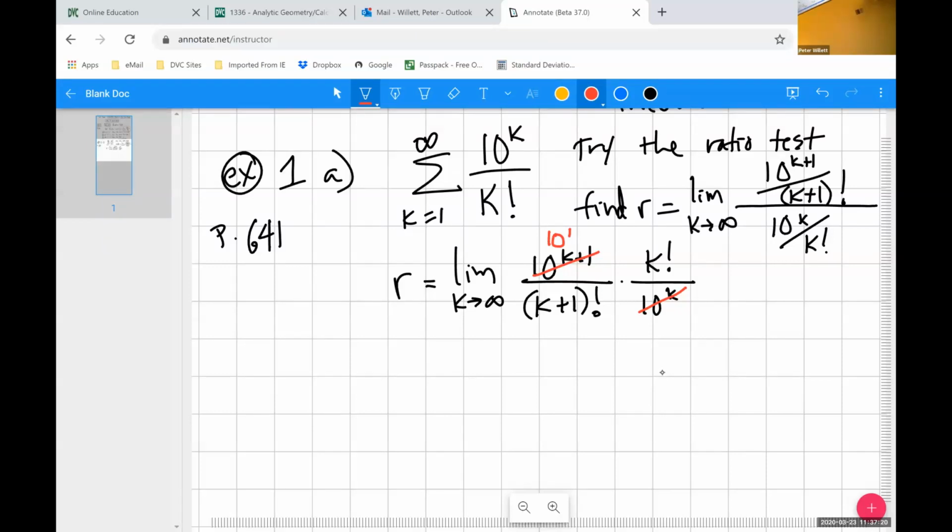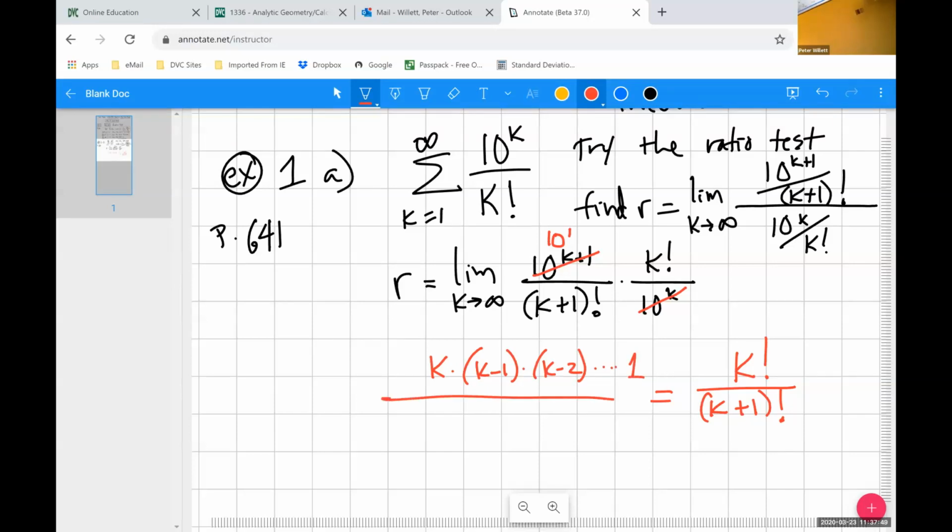Then the question is, how do I simplify k factorial divided by k plus 1 factorial? So if you've worked with factorials, you may know the answer to this already, but let's look at what this means. K factorial means k times k minus 1 times k minus 2, all the way down to multiplied by 1. That's in the top.